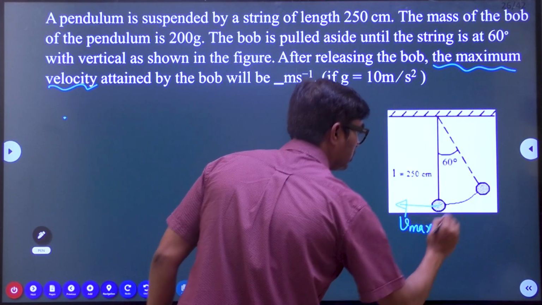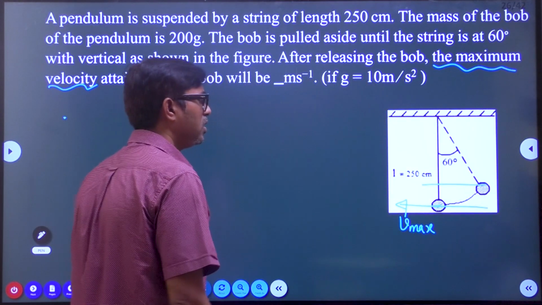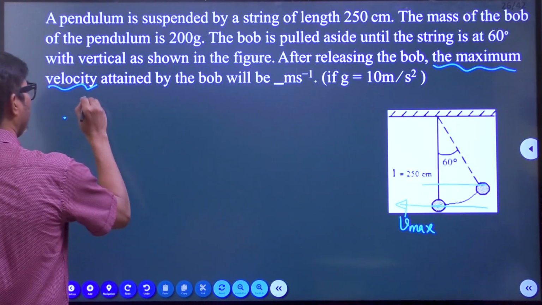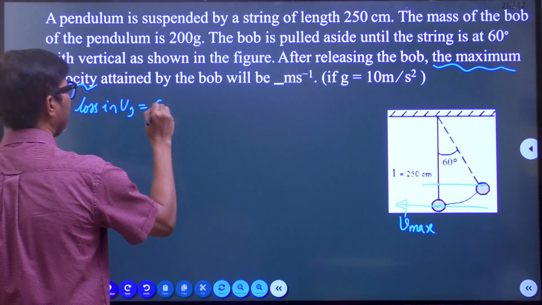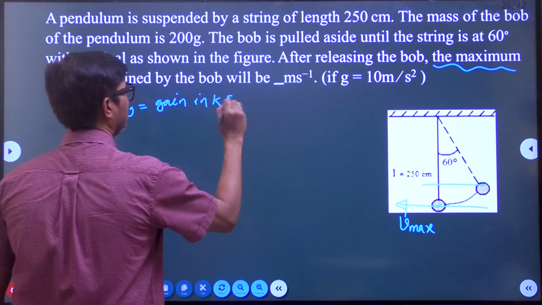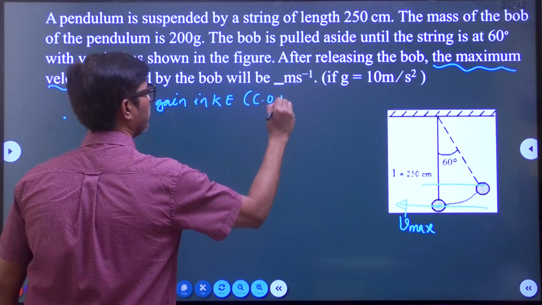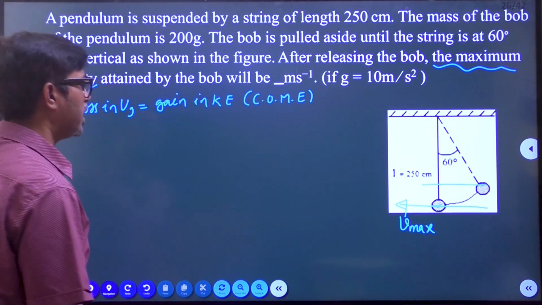So basically from here to here, I'll use conservation of mechanical energy. I'll use loss in gravitational potential energy equals gain in kinetic energy. I'll write it as COME, conservation of mechanical energy.